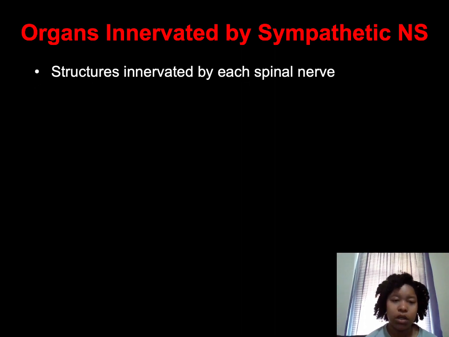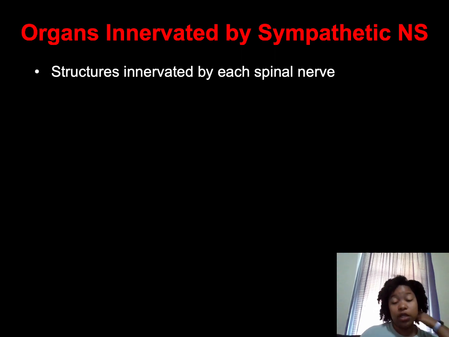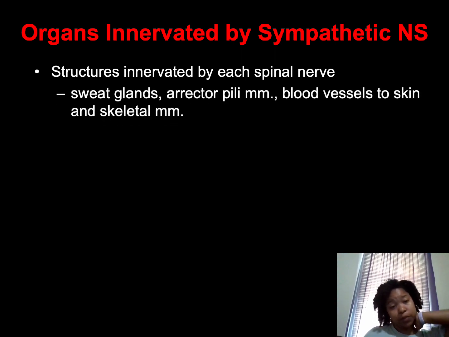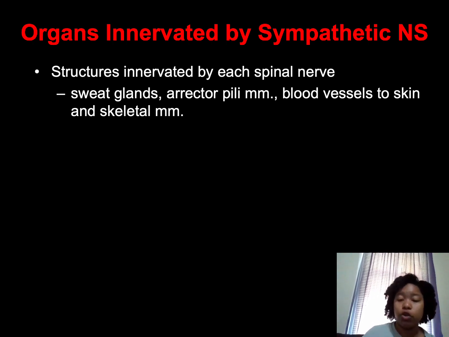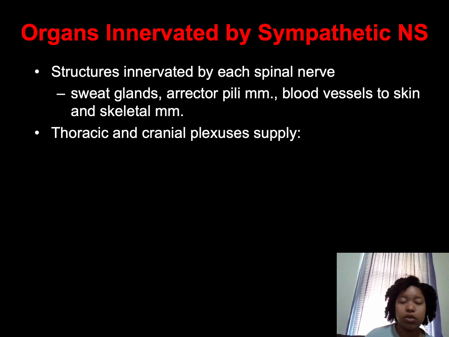Okay, so what are the organs innervated by the sympathetic nervous system? You've got structures that are innervated by each spinal nerve, right? And so some examples are like the sweat glands, the erector pili muscles. Those are the ones that make your arm hairs stand up, like when you get cold. Blood vessels to the skin and skeletal muscles.